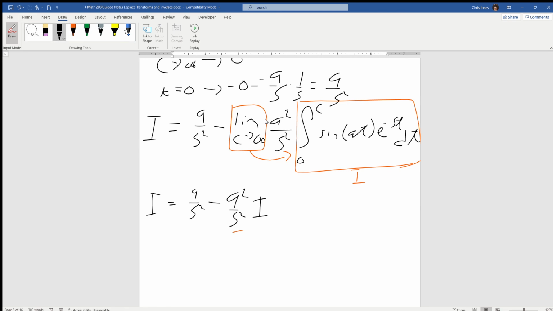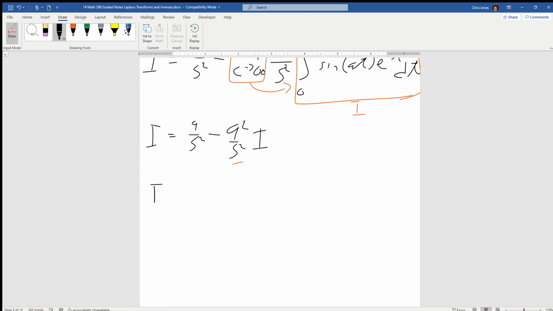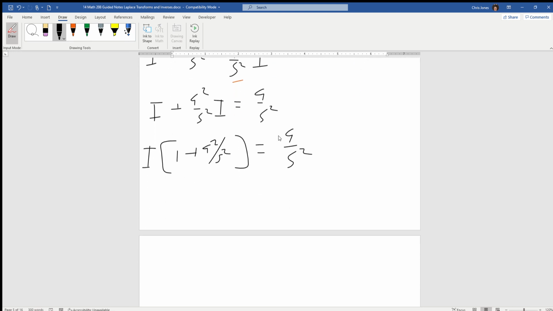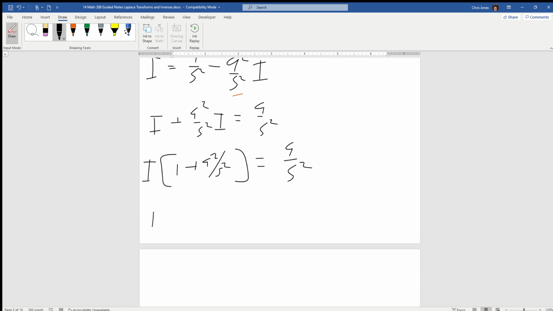It's just a regular integral equation, so we're going to get I plus a squared over s squared I equals a over s squared. And we can factor out an I. So we get 1 plus a squared over s squared equals a over s squared. And I know this is looking ugly, but it actually turns out really nice.